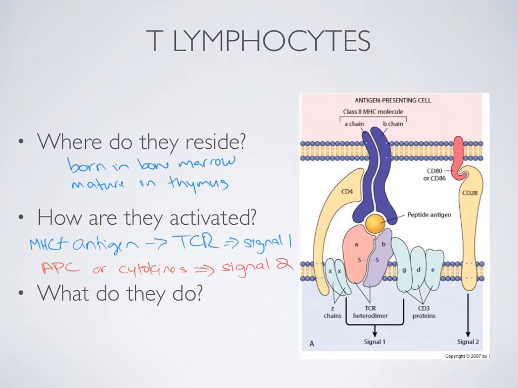There's 2 types of T cells. So we have our B cell, and it's expressing this receptor. So this is a B cell, and we call this the B cell receptor.